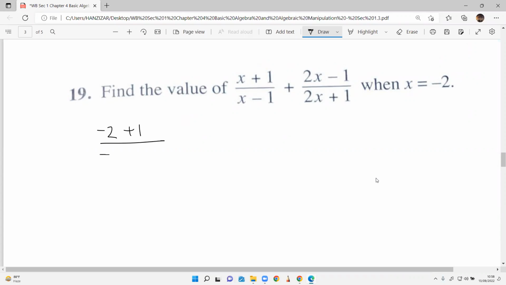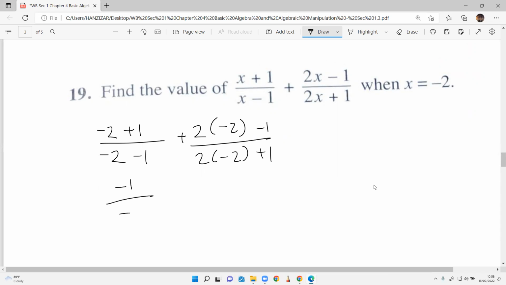Yes, I changed all x's by -2. -2 plus 1, -1. Right? Next, plus -2 times -2, -4, right?